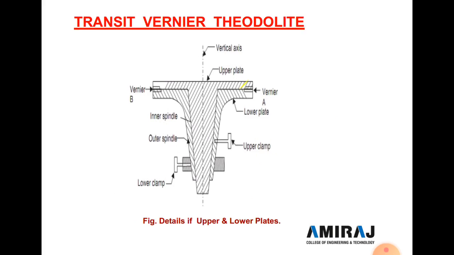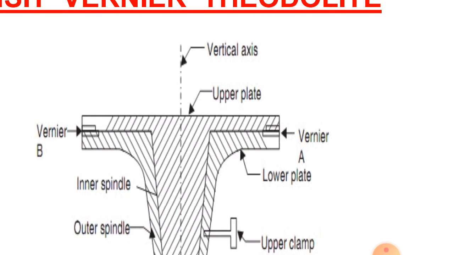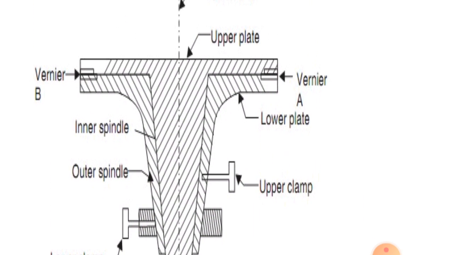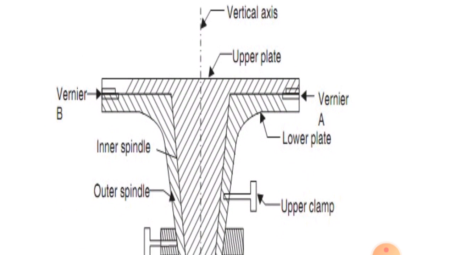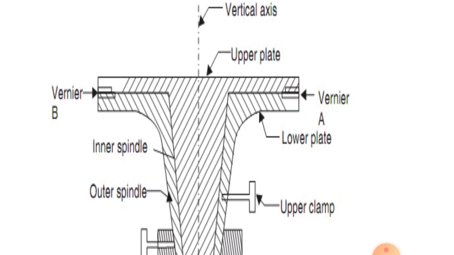So, the transit vernier theodolite. Here is the vertical axis. The vertical axis passes from the top of the instrument directly through the center of the instrument. Then after, two verniers are provided, two windows, vernier A and vernier B. And the lower plate is graduated with angles.